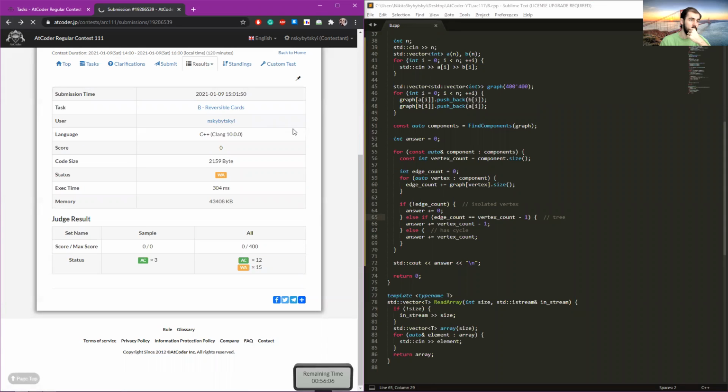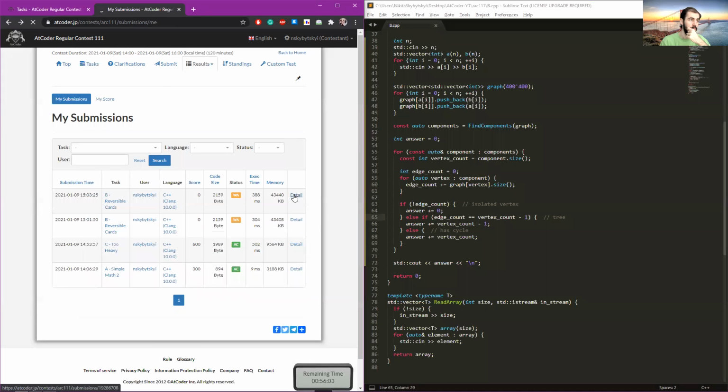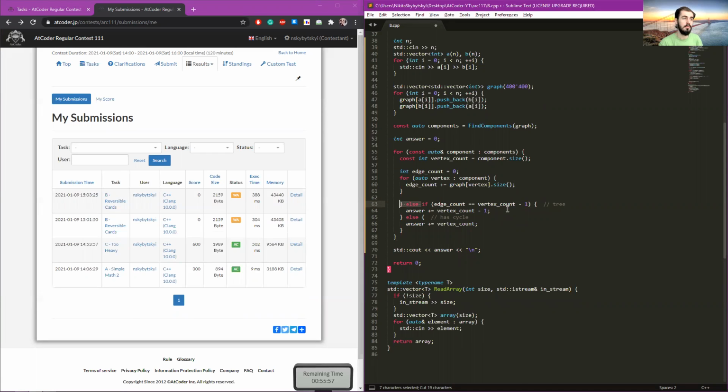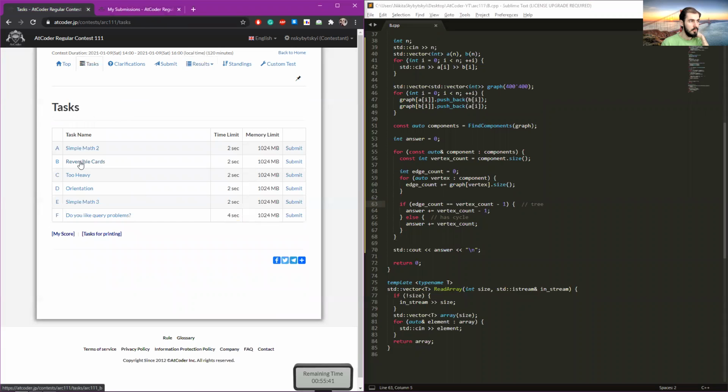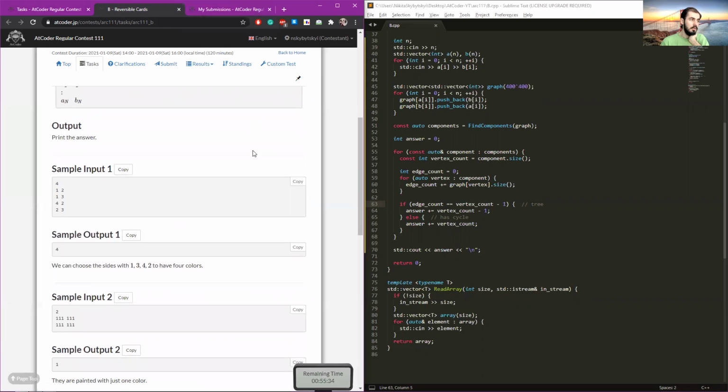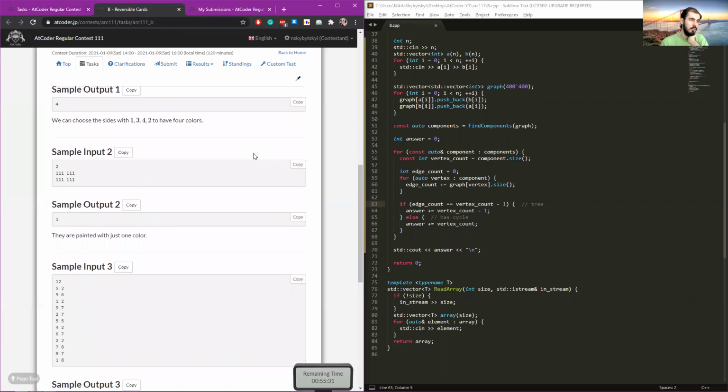Time to change to test cases. Actually, we can incorporate that case here. So something must be wrong with the intuition. And I don't know what. I mean, clearly connected components cannot hurt us, right?